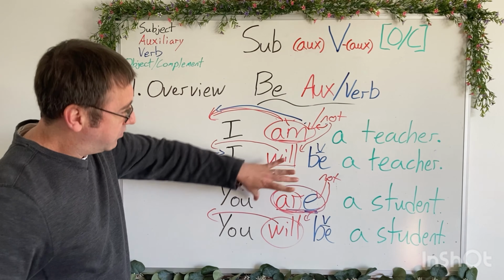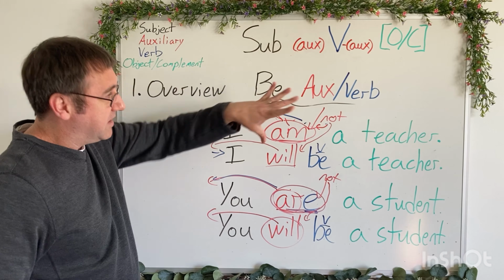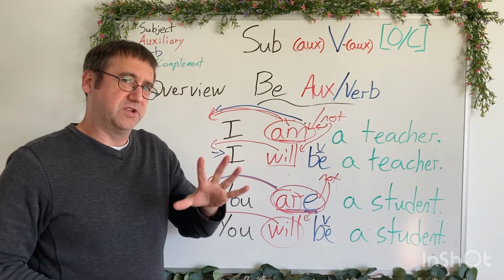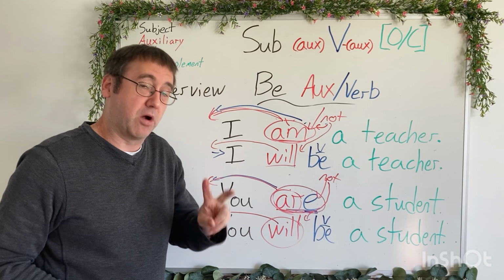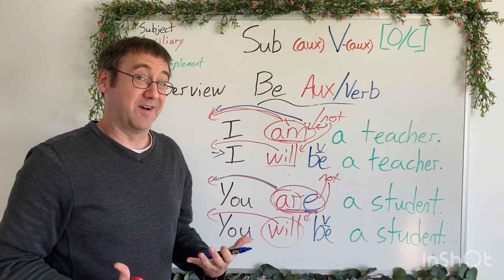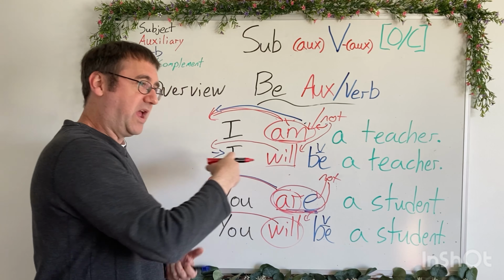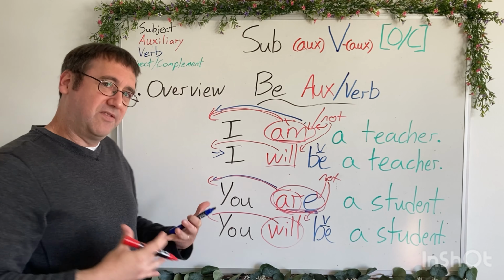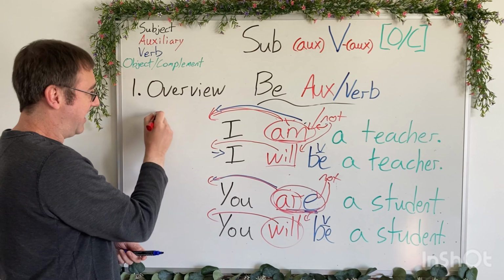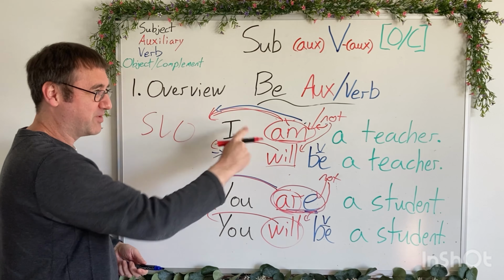And so when we think about be, it's really important to remember that it has two functions at the same time, two parts. It's the auxiliary and the verb at the same time. And actually it's funny because when you learn grammar in the grammar books, they call this SVO, subject, verb, object.